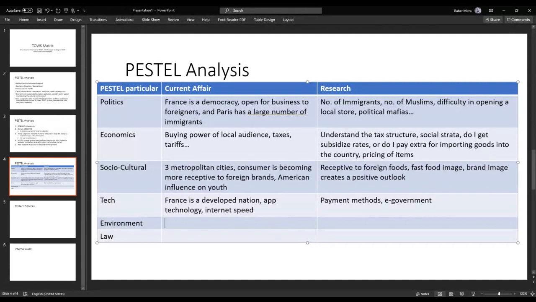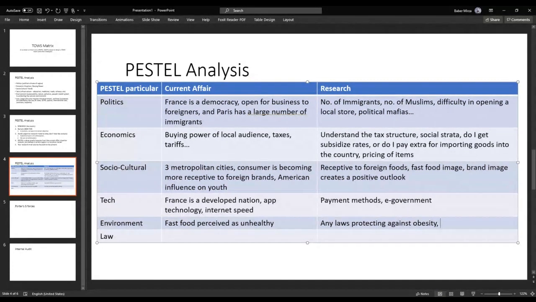So environment is related to, but is it related to what I'm doing? Maybe. So I'm selling, let's say, fast food, perceived as unhealthy. Any laws protecting against obesity?